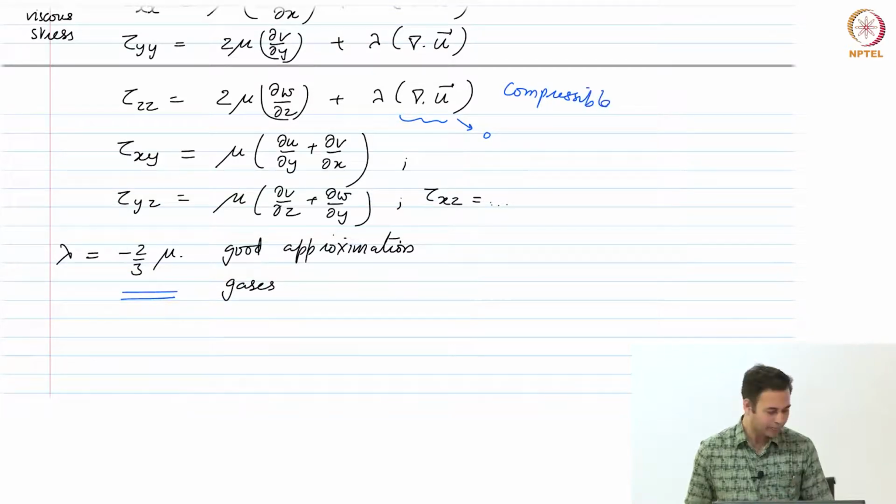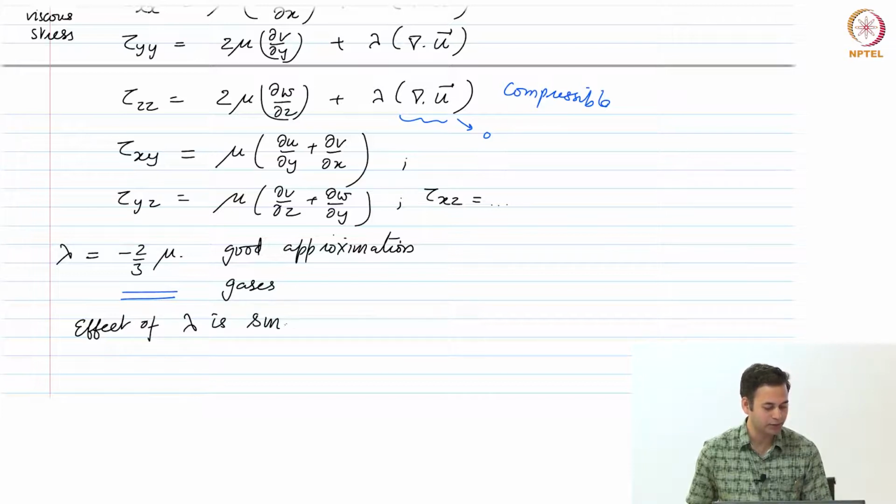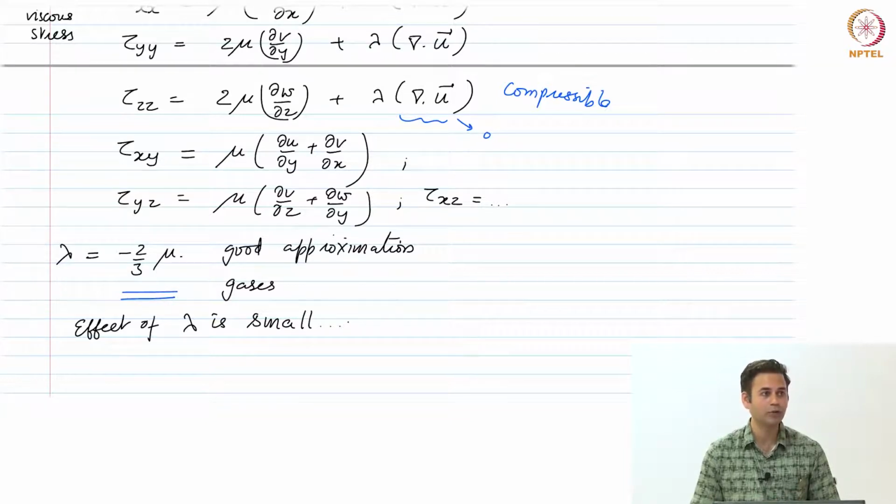Nonetheless, the effect of the second coefficient of viscosity is small even in practical flows, okay. So, the effect of lambda is small; as a result it is not going to make a whole lot of difference in the results even if you have a compressible flow. But anyway, we are not worried about it because we are looking at simulation of incompressible fluid flows, okay.